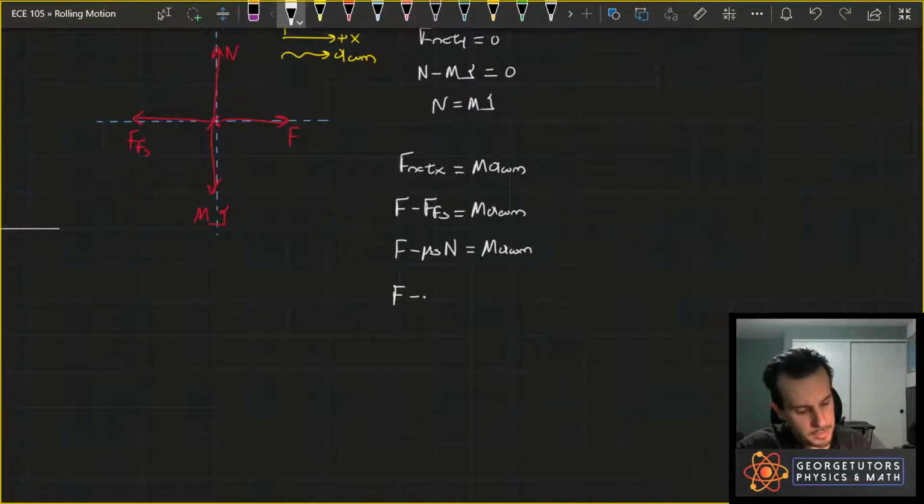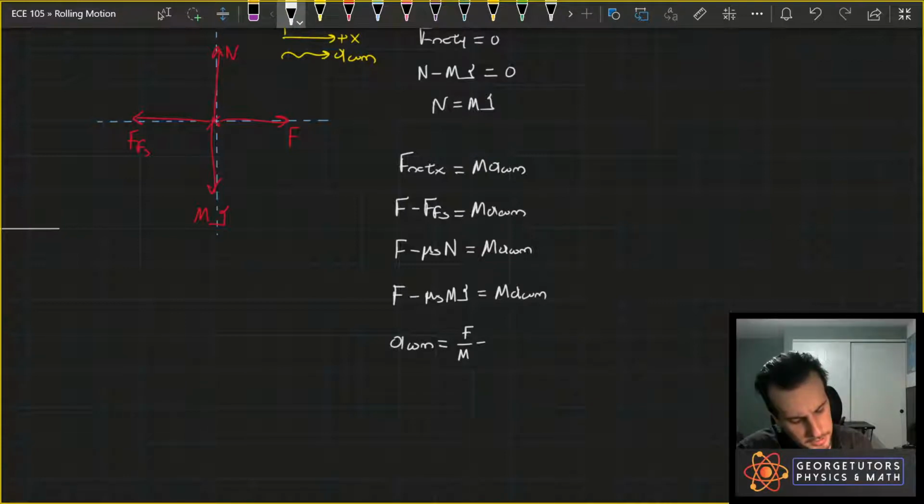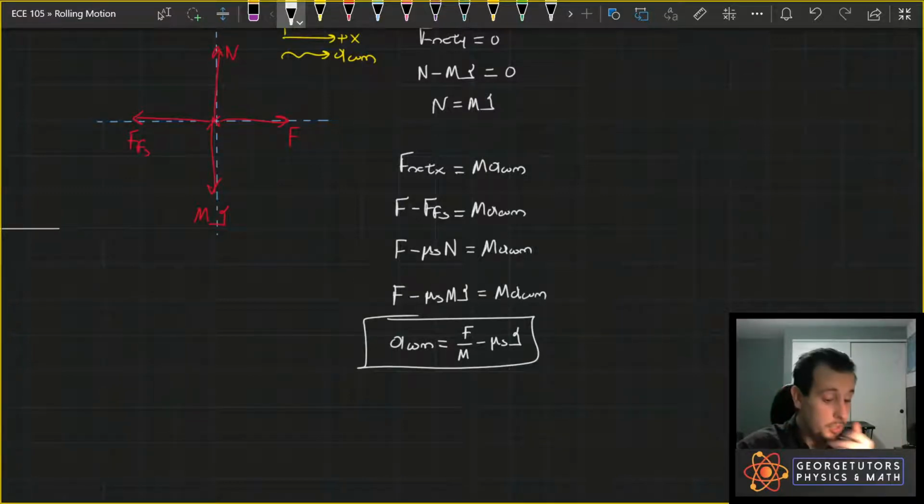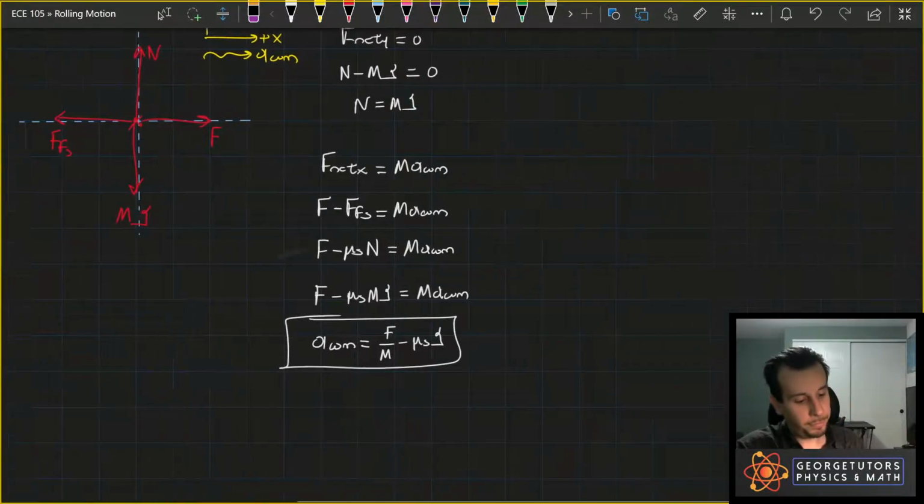So F minus mu S capital M G is equal to M A com. And very easily, you can divide both sides by M to obtain the linear acceleration here of the center of mass, which is going to be F over M minus mu S G. And there you have it. That is your linear acceleration right now, but we don't know in this problem the coefficient of static friction. We'll have to figure that out first.